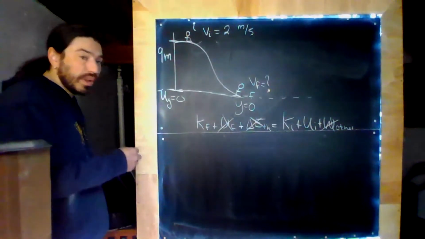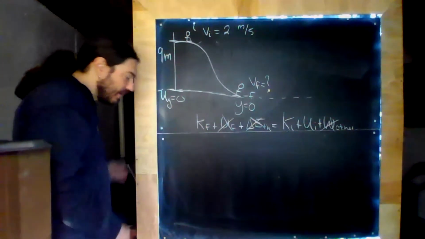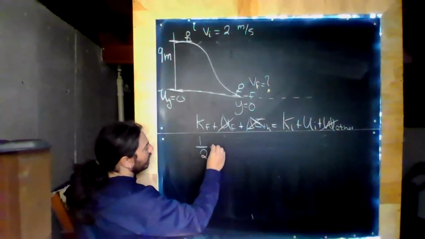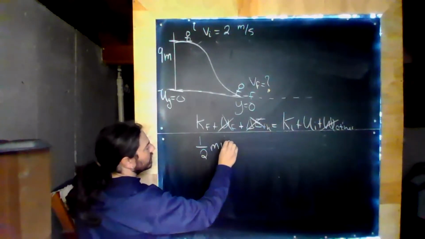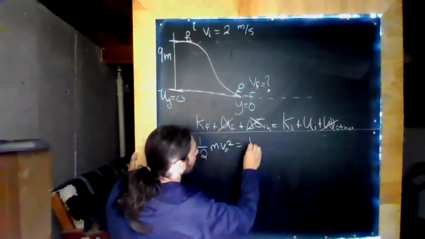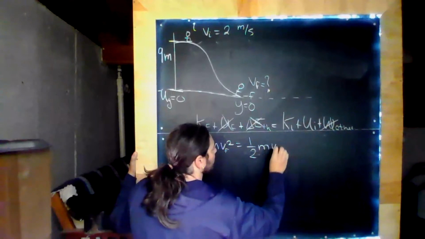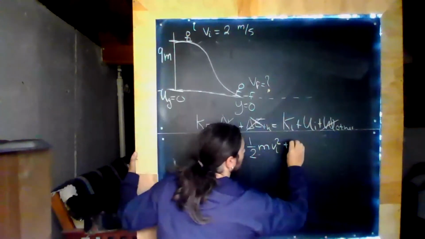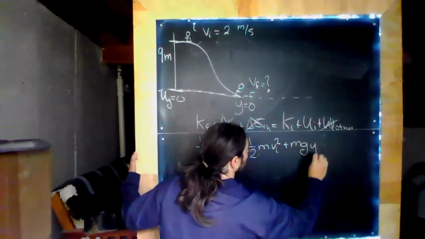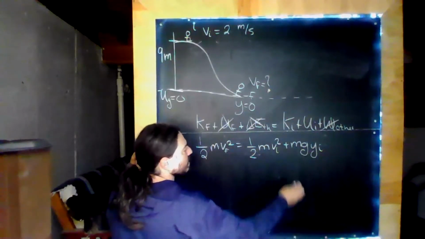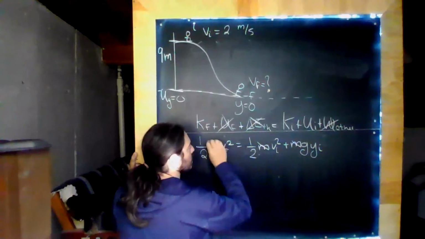Now what we should do is plug in what I call the little equations for each of these terms. So kinetic final, that is 1/2 m v final squared, equals 1/2 m v initial squared plus m g y initial. Notice I have an m in every term.